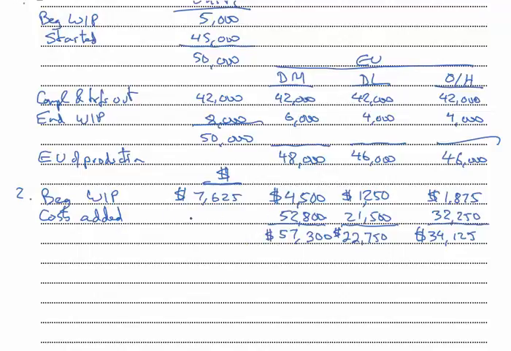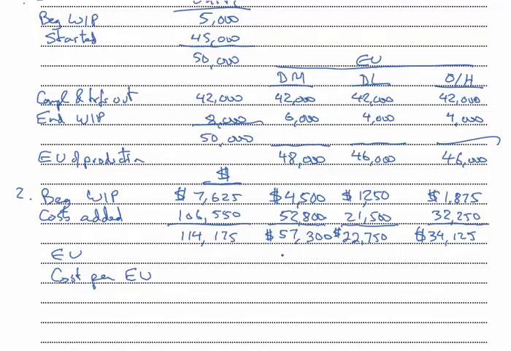All right, cross out across the top here, 106,550, 114,175, and now we can throw in the equivalent units and get cost per EU.